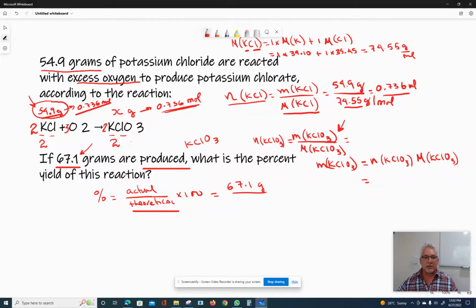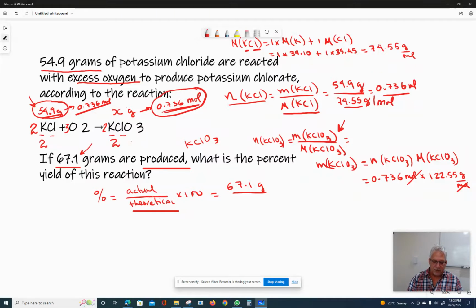Number of mole is the same, this one here, because we already calculated that, 0.736 mole, and the molar mass, you need to go back to the periodic table and do the same procedure that we did before with the potassium chloride, and I get the following value after checking the periodic table and the atomic mass, and mole and mole cancel out, and I need to multiply now that number 0.736 times 122.55.